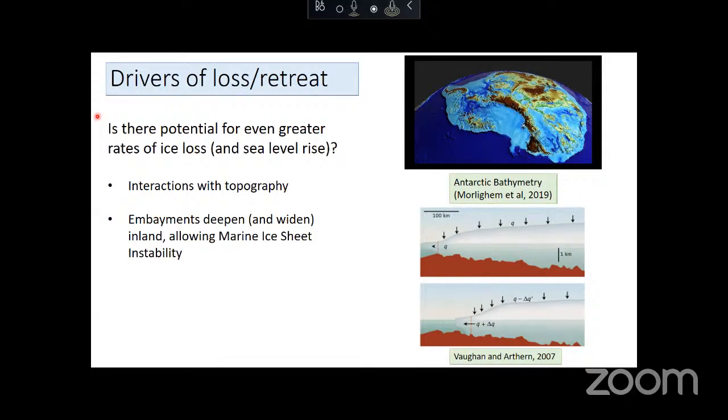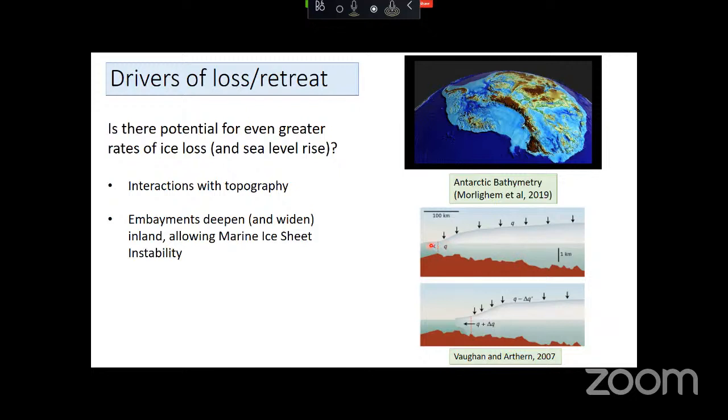There's a lot of nuance to it, and I won't go into it, but essentially the idea is that the deeper the ocean is, all else equal, at the point at which the ice sheet goes afloat, the greater the tendency for the ice sheet to move fast into the ocean.